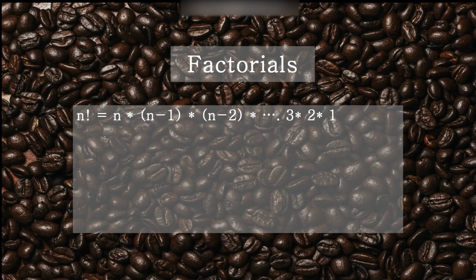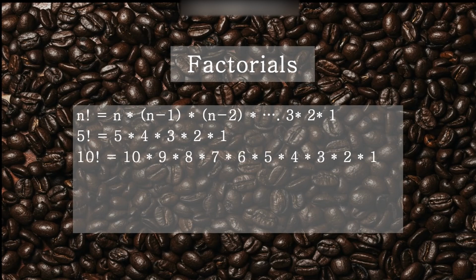For example, 5 factorial would be 5 into 4 into 3 into 2 into 1. Similarly, 10 factorial would be 10 into 9 into 8 into 7 into, till the time you reach 1. Now, the most important thing that we should always remember is that 1 factorial is always 1. That's quite common. But 0 factorial is also equal to 1.